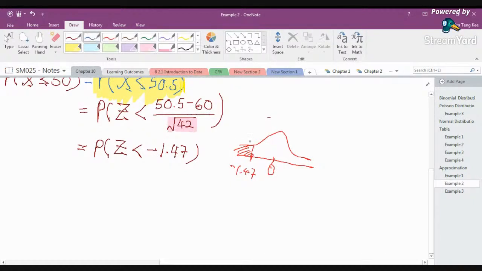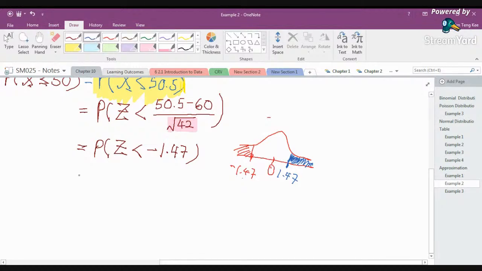Next, regions on the left are not something that we can find from the statistical table. So we consider the equivalent region on the right, and the corresponding value here will be 1.47, the opposite sign of negative 1.47.